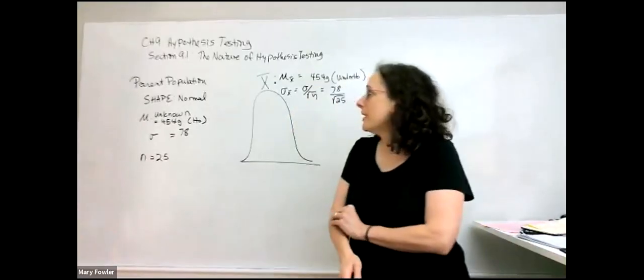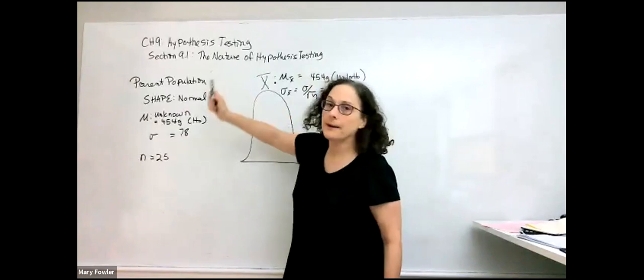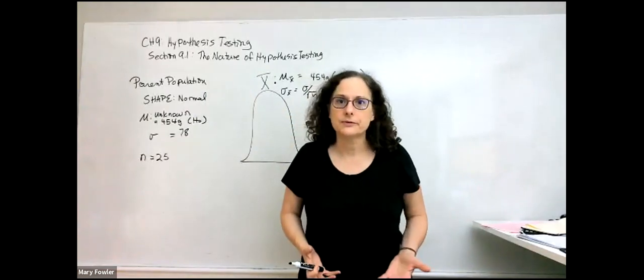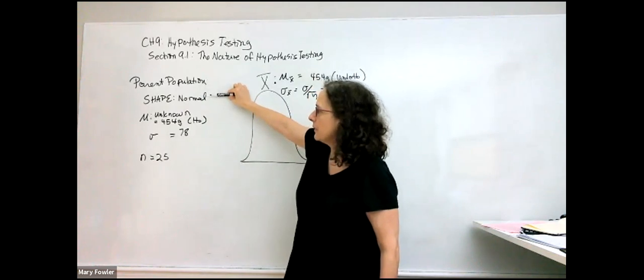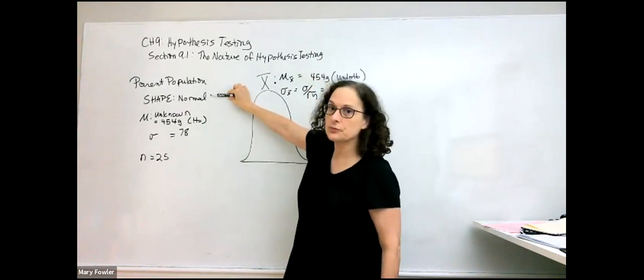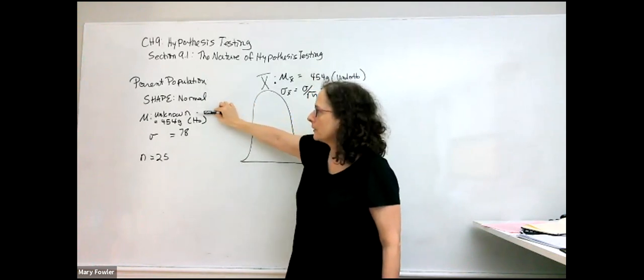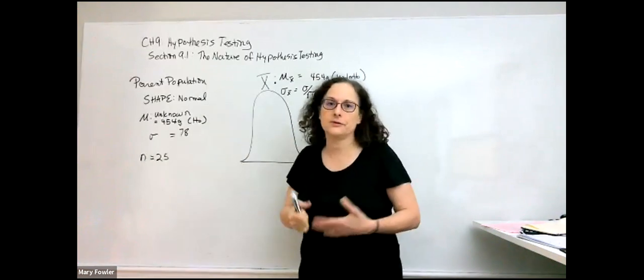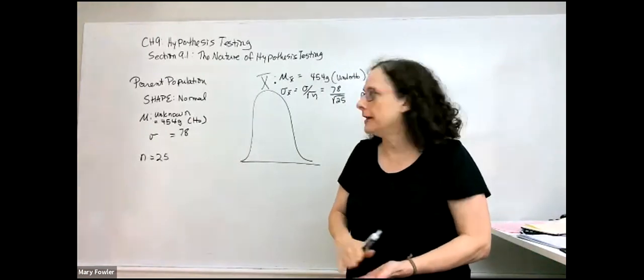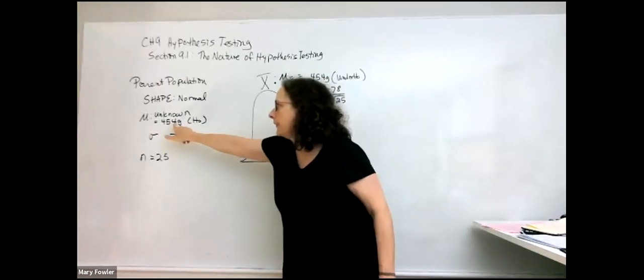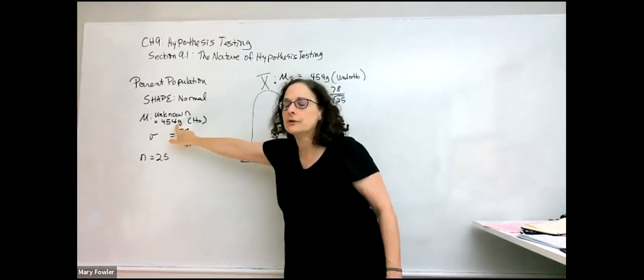All right, so what we know about a population of pretzels is that the parent population has a normal shape distribution. The mean is unknown, but under the null hypothesis, and maybe what we'll hold on to for right now, the mean is 454 grams.